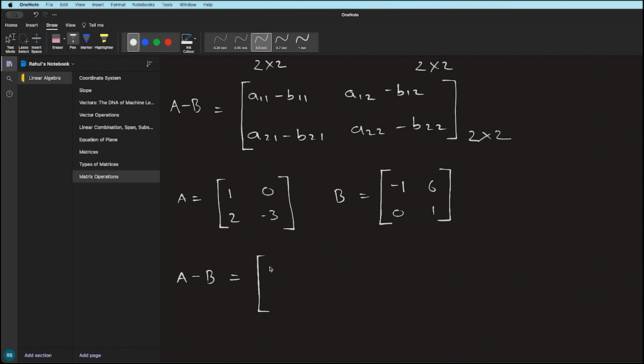which is equal to 1 minus -1. So we will be subtracting this -1 from the corresponding entry, that is 1. Another will be 0 minus 6. Then 2 minus 0 and -3 minus 1.